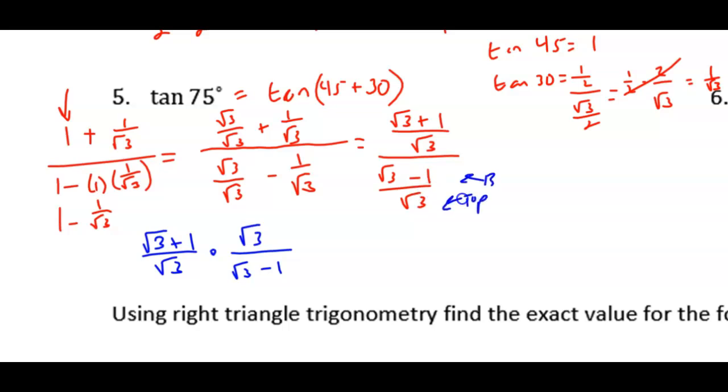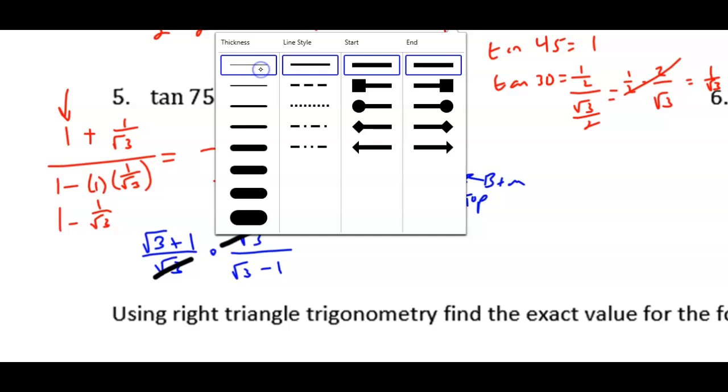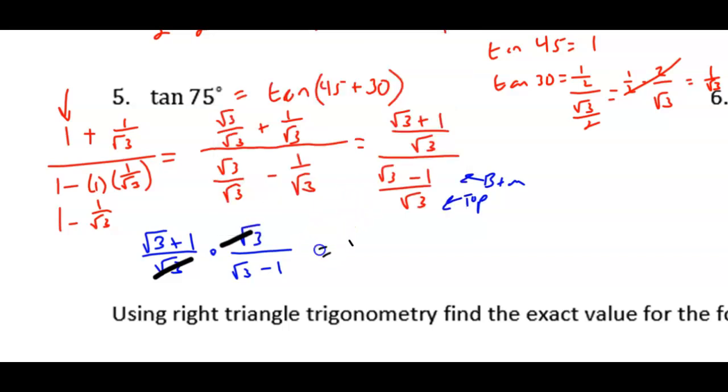This is now the bottom. Now, if you did this right, you see those cancel. And I'm left with just radical 3 plus 1 over radical 3 minus 1. That's it.